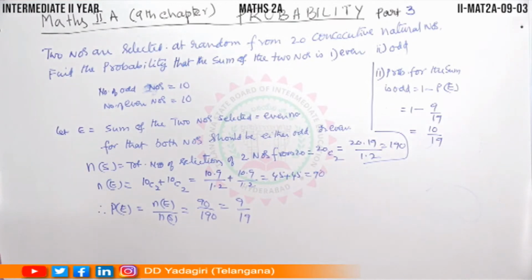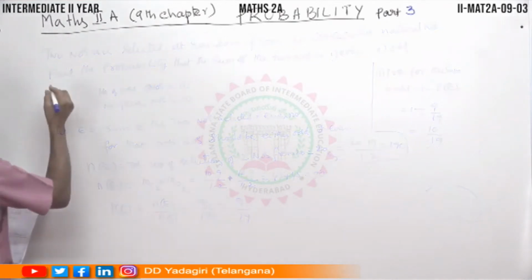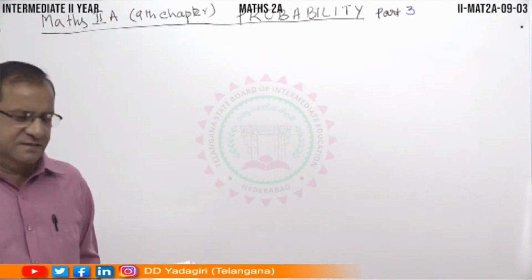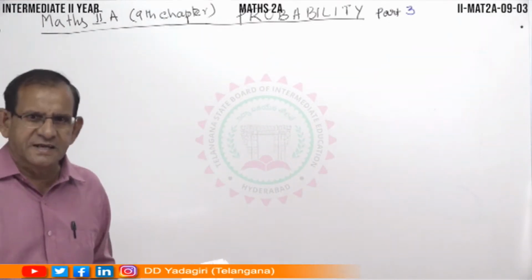Now, I will explain one more problem. There are 3 horses in a race and their probabilities are given like this.